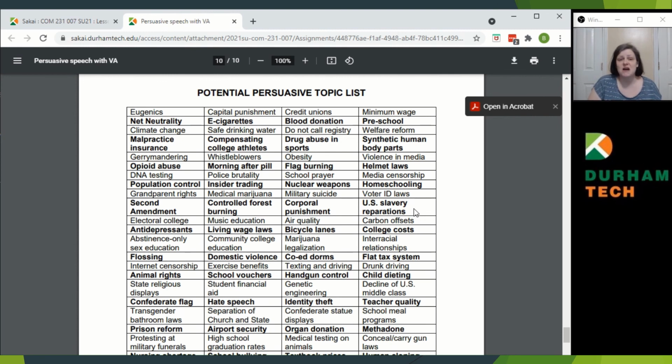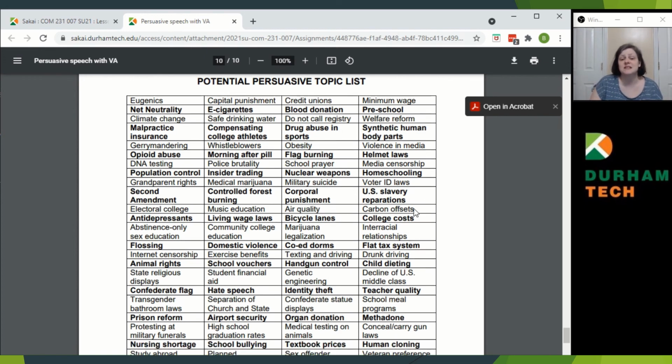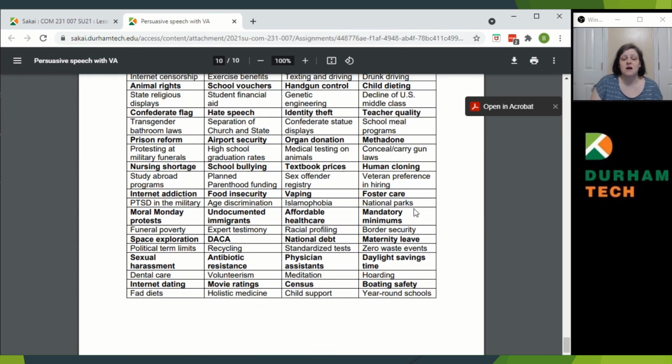But otherwise, any of these are potential topics that you might talk about, or you can of course come up with one on your own. It's just something to get you thinking about. Oh, I do care about Islamophobia, or PTSD in the military, or state religious displays. I would like to tell you that I'm for or against this. Here are some potential topics that you can use for your persuasive speech with visual aids.